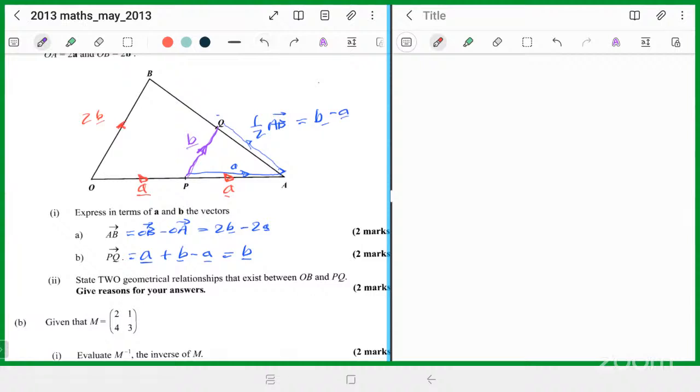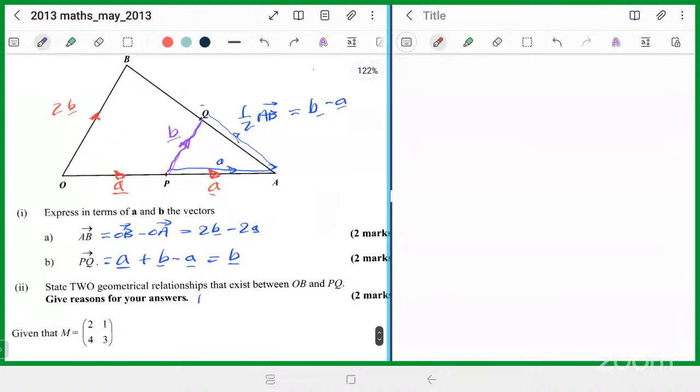In the calculation, obviously they are parallel because one is a multiple of the next. One is B and one is 2B. So we can say that OB is 2 times PQ. That makes them parallel.